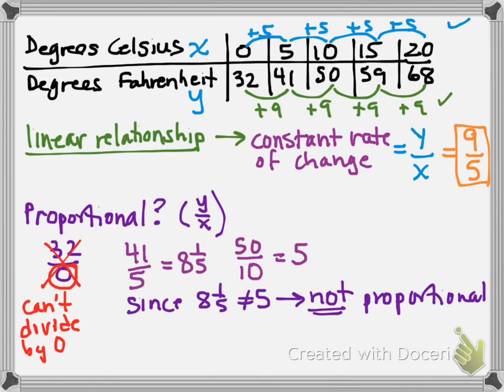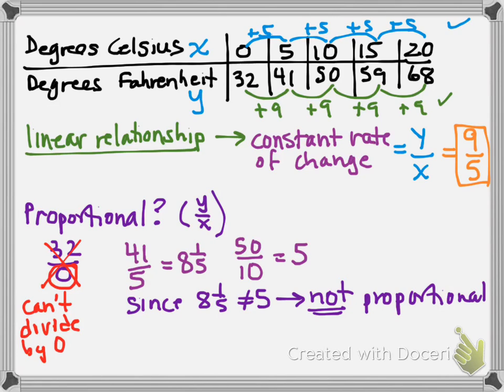But to do the proportional, we take each individual ordered pair and do division with them, y divided by x, and see if the quotients we get match. If they don't, it's not proportional. So this one is linear, but it's not proportional. Okay? So if I graphed it, I would get a line.